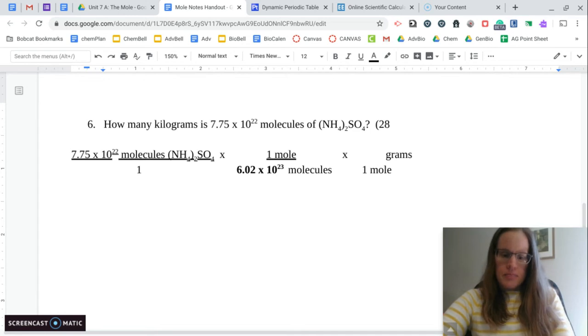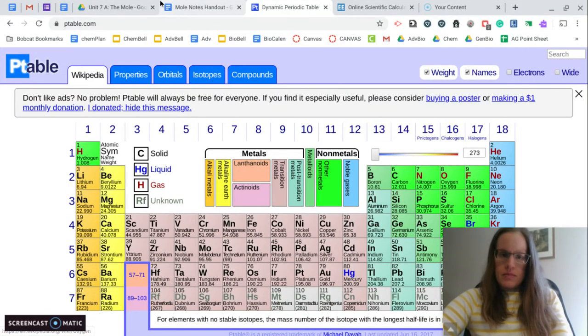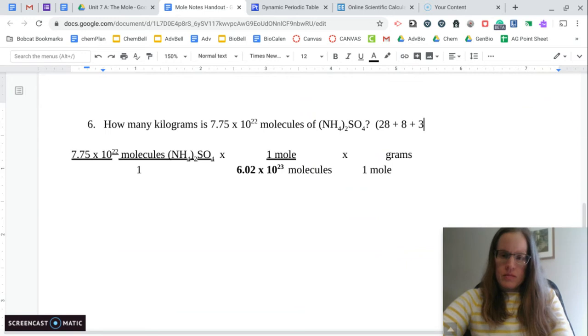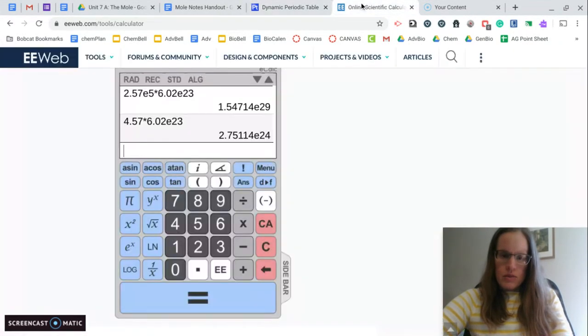And then your hydrogen is 1, but you've got 2 times 4, which is 8. So you have 8 for the mass of hydrogen. And then sulfur you'd look up. It's 32. There it is. And then my oxygen. Remember, your oxygen is 16. 16 times 4.